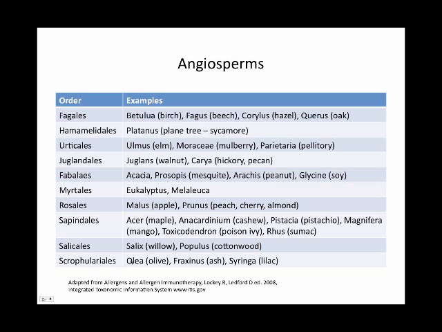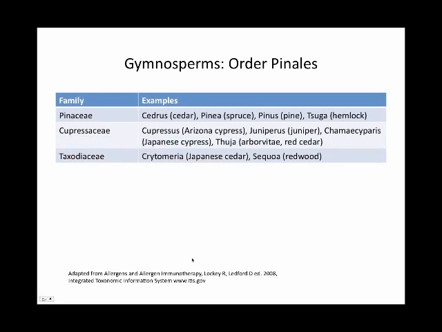Something that you will see on your results, if you're getting results that show a sensitivity to olive, and there's probably not much olive in Kansas City, it's probably to ash. We've got lots of that. So expect positive olive.